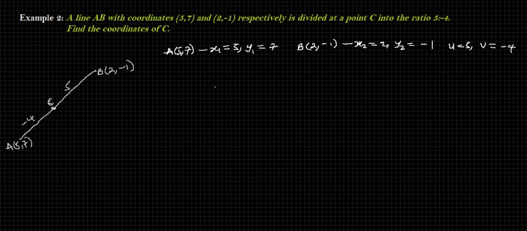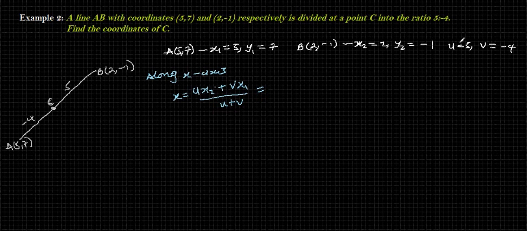So we have to solve this, and we are going to be using the same approach. Remember, along the x-axis, we have x equal to (ux2 plus vx1) divided by (u plus v). So now we are going to substitute our values directly.